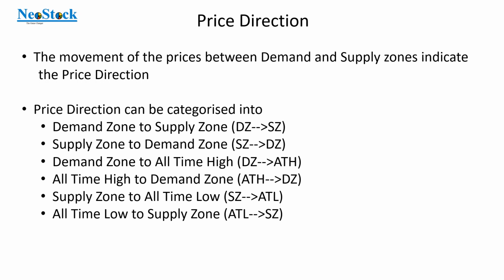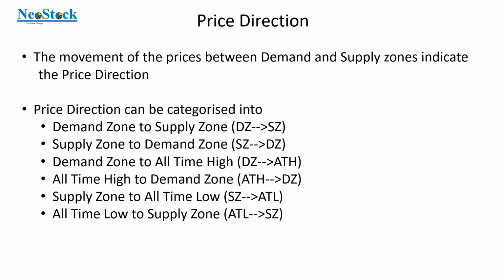From that all-time high demand zone, again prices will be moving towards the existing all-time high or a new all-time high. New all-time high means prices cross the existing all-time high and create a new all-time high. That is what I meant. The same thing also happens with all-time low. That is the reason why we have divided into 6 categories.